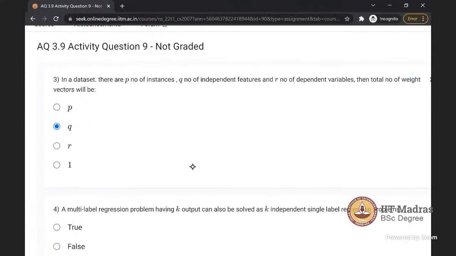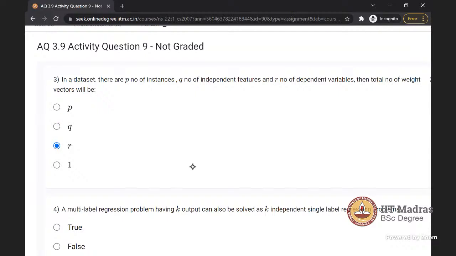Question number 3. In a data set, there are P number of instances, Q number of independent features, R number of dependent variables, then total number of weight vectors will be. Which should be the right answer? R. Third option R. Exactly.